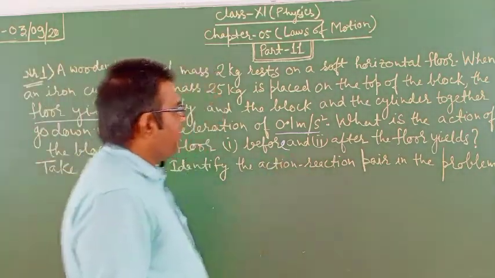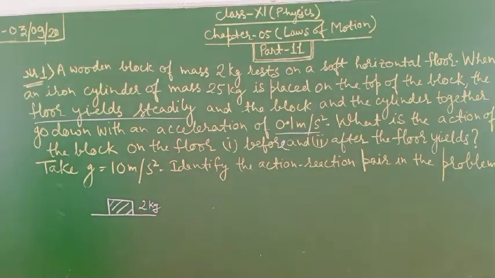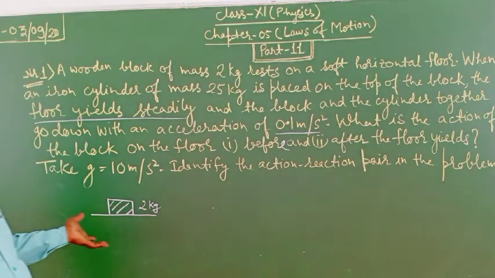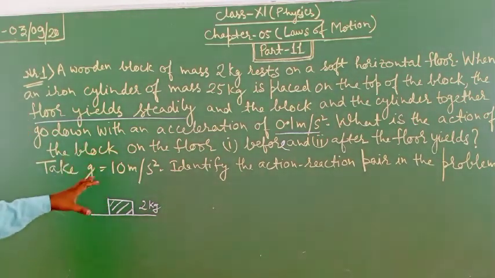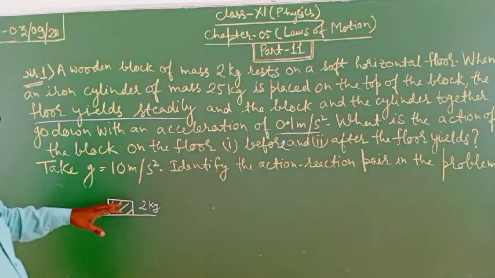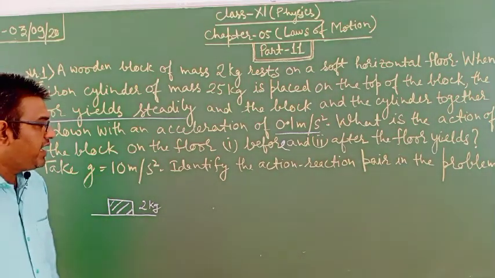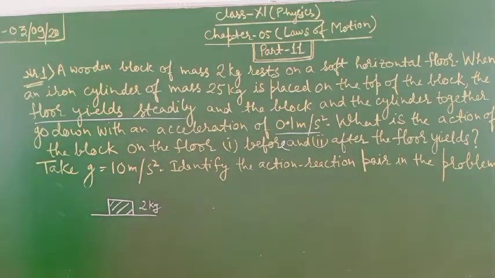And when the 25 kg block is placed over the 2 kg block, we also have to calculate the action of the whole system, that is 25 kg plus 2 kg, on the floor. Here g is taken as 10 meter per second square.